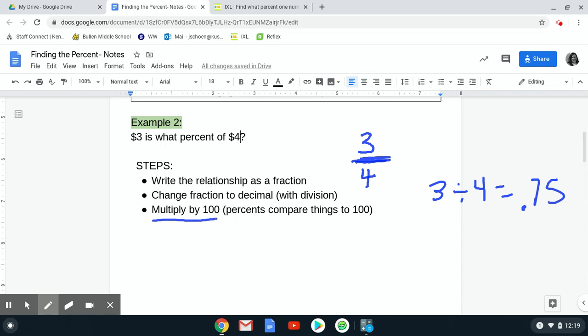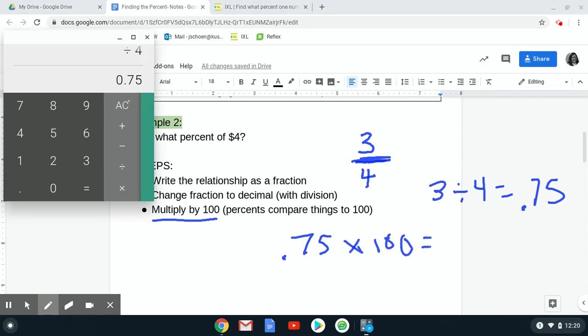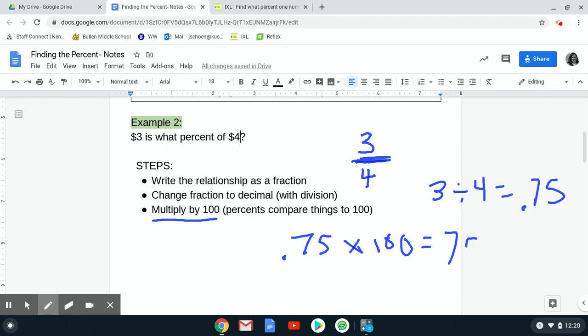This is taking us back to a percent. 75 hundredths times 100, 0.75 times 100 is 75. So this is now a percent: 75% of your money was spent. Okay, so that's how we're taking it to a percent.